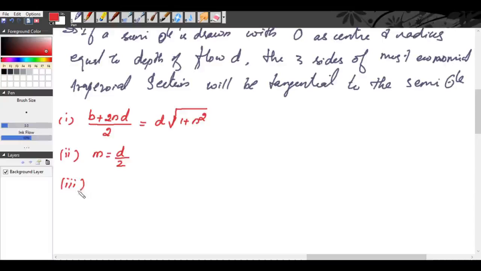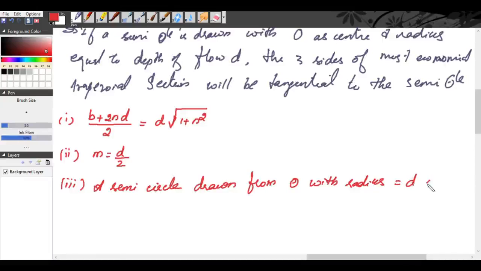And the third condition is a semicircle drawn from the midpoint of the top width, that is drawn from O with radius equal to the depth of flow, will touch the three sides of the channel.